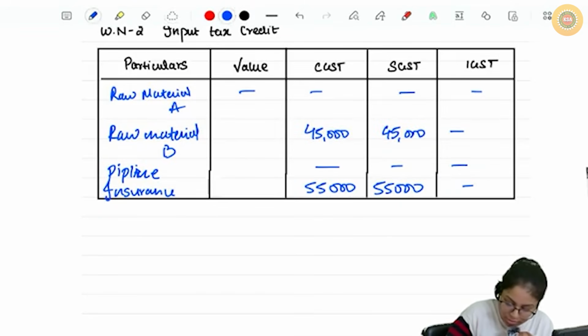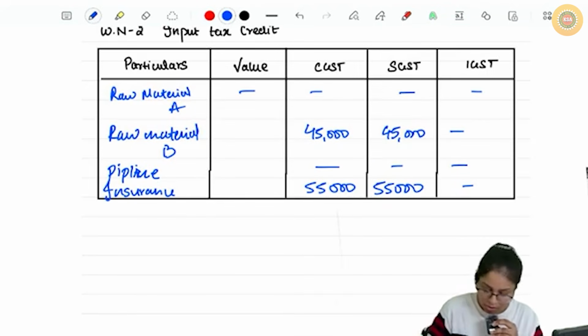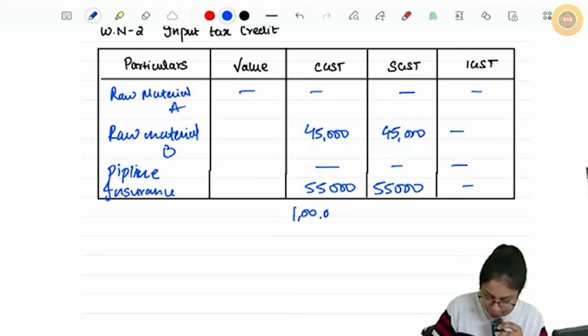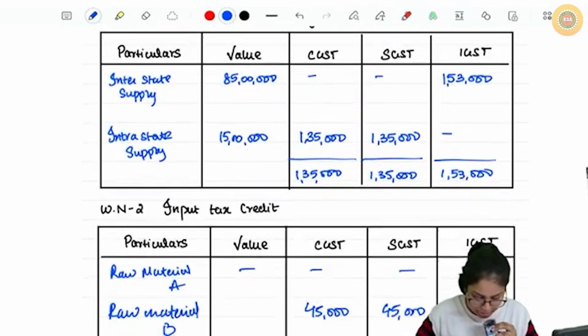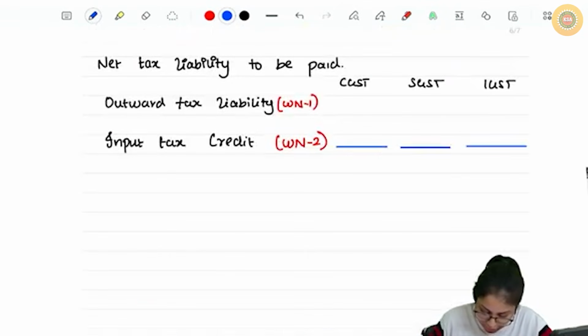So this sums up to a total of 1 lakh, 1 lakh, nil. Moving on to my final. Outward tax liability is 135, 135, 153.